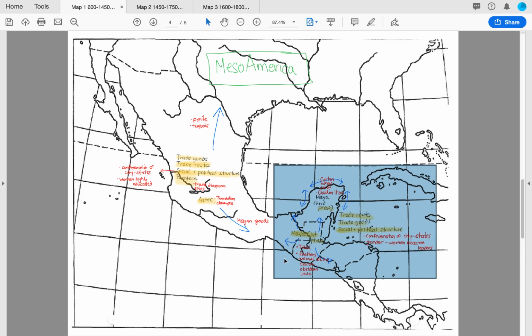So we do have trade diasporas here as well, but they're on a slightly smaller scale than what we saw in the old world. And keep in mind why that is. The old world is much more latitudinal, so things can be easily moved from one geographic zone to another because they're along the same latitude.